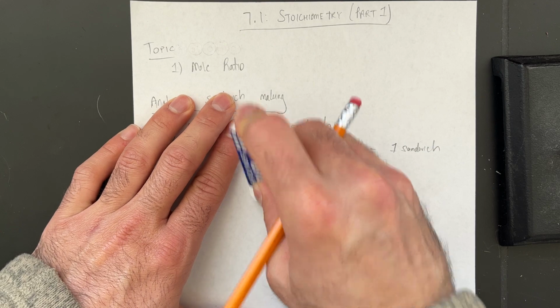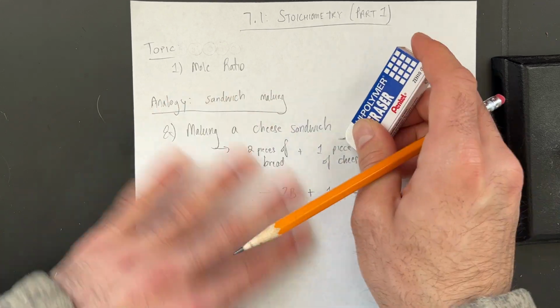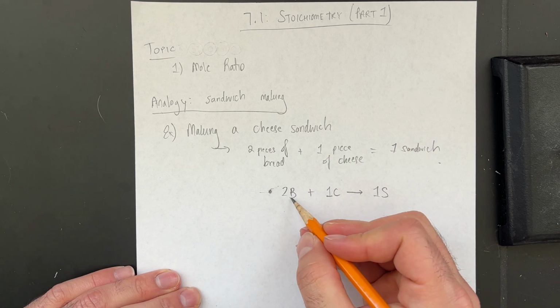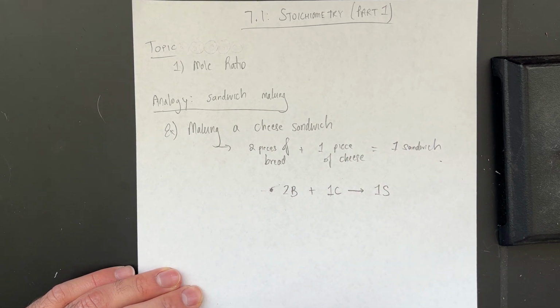That's like a bullet point, that arrow. So 2 breads and 1 cheese make 1 sandwich, right?